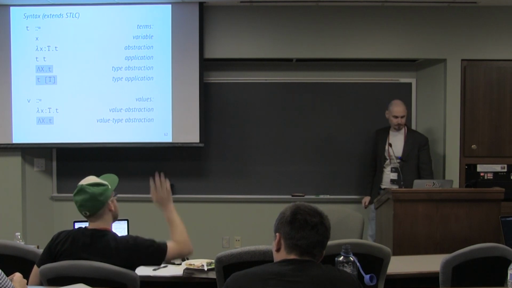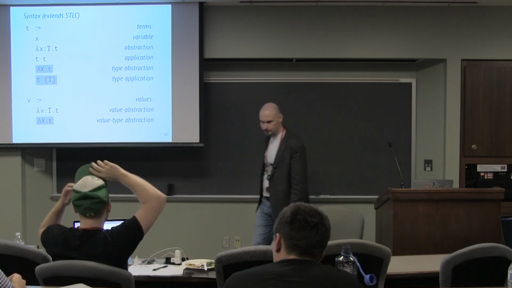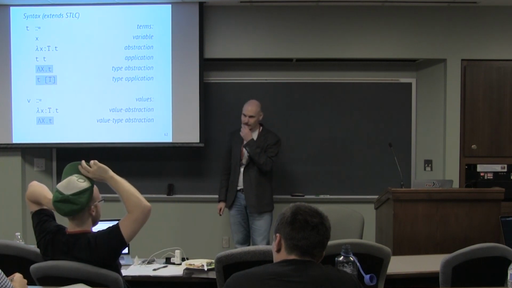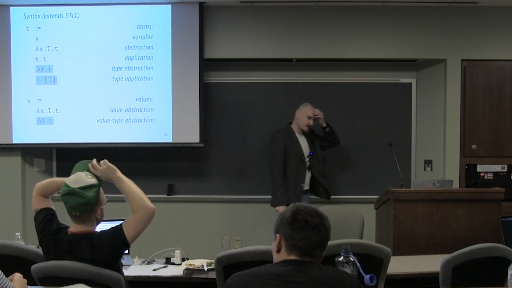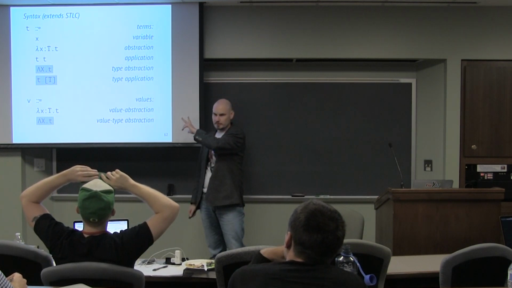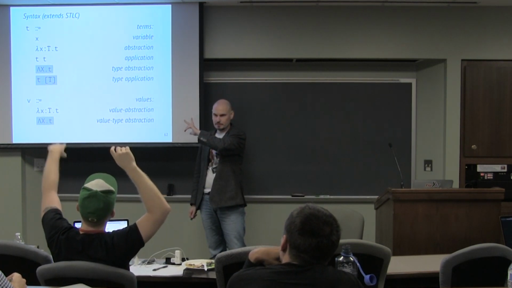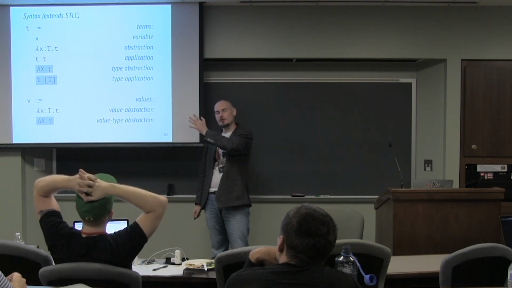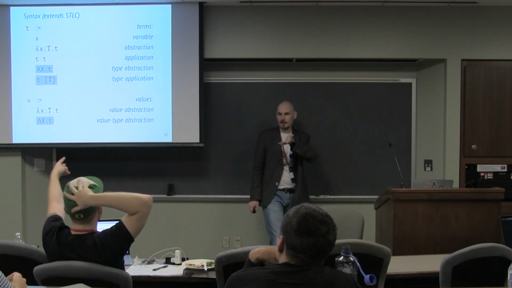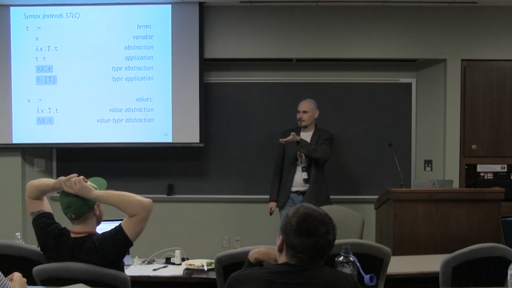That's it. Yes? How can values depend on types without types depending on types? Technically, there are no types depending on types here. But that's a type abstraction. That's a type, yes, but there are no tools for using this type in a way. I'm confused, I'm sorry.